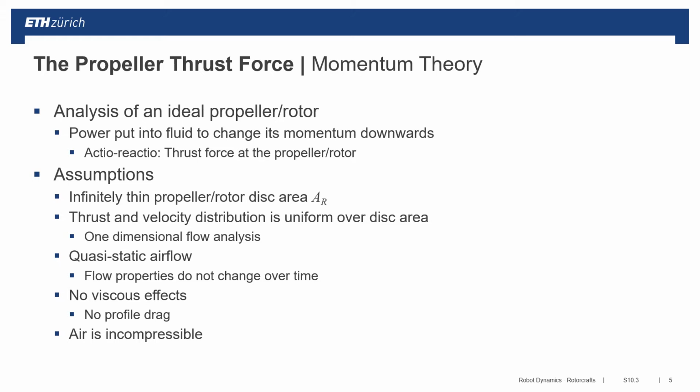Furthermore, we assume quasi-static airflow, so the flow properties do not change over time. And last but not least, we assume that we have no viscous effects, so the profile generates no drag, and the air is incompressible.